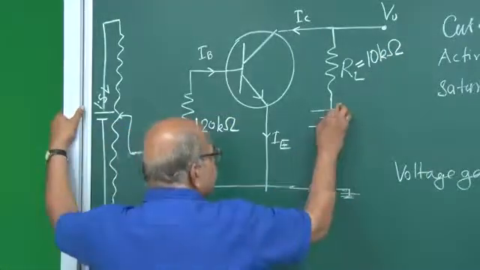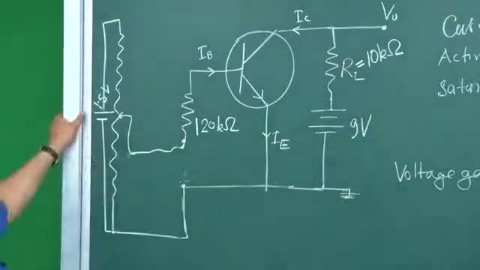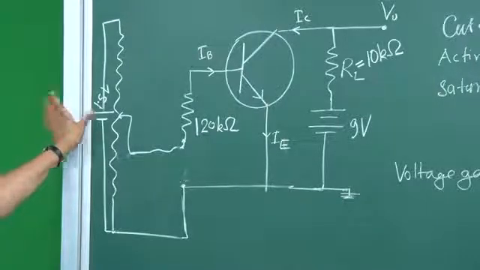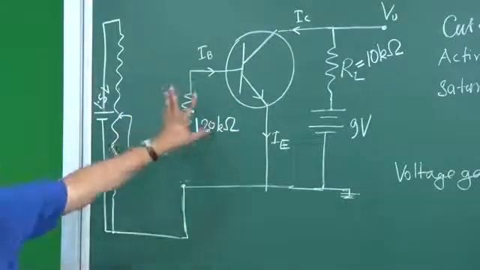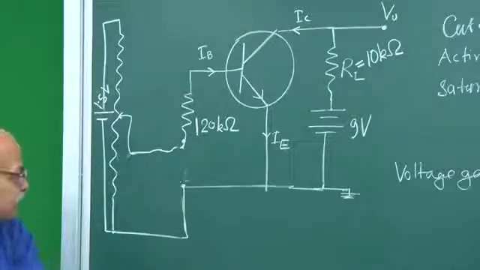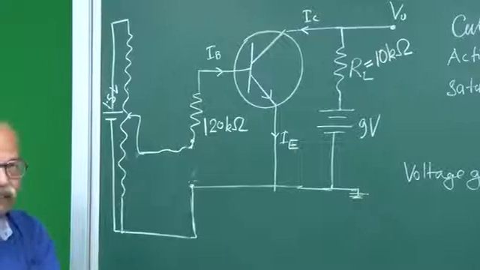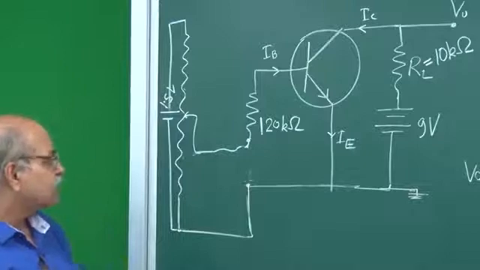This we will take as a 9 volt battery, which may not be exactly 9 volt, it may be 8.9 or 9.2 or something, but it is called a 9 volt battery, so we will be using that here. So these are the values that we have. Keep this circuit in mind and see how this circuit is being assembled here, and follow each step closely to see how things are connected, and then we will make measurements.